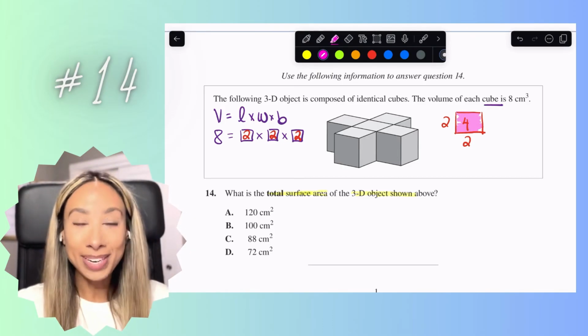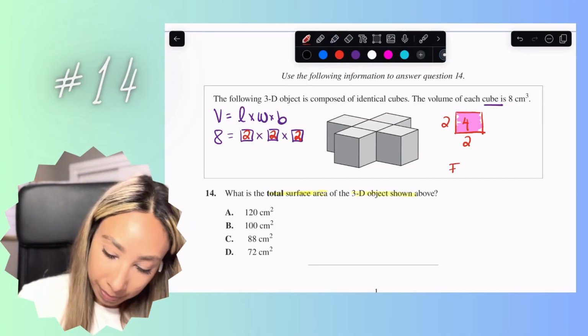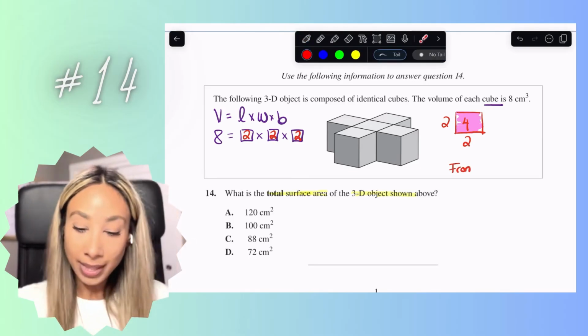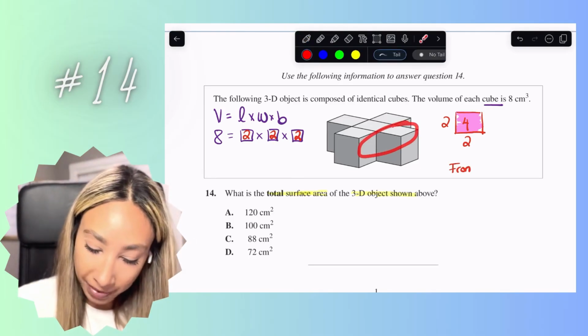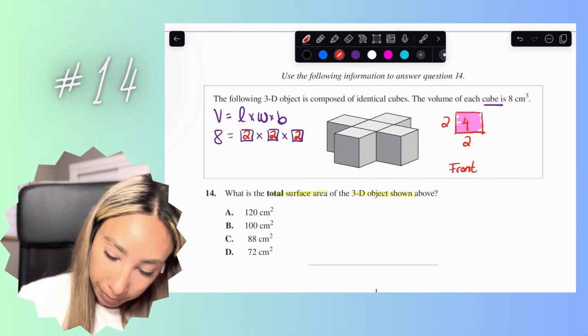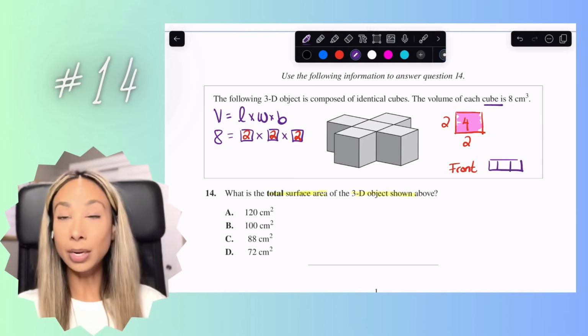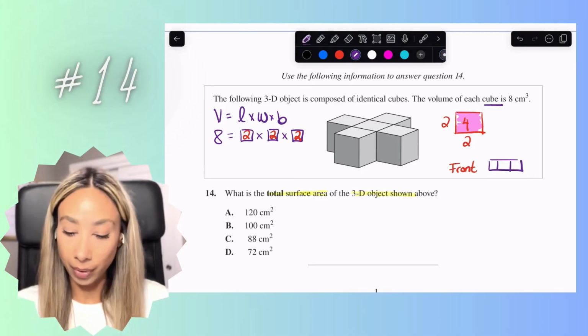So now I have to see how many faces I have. So right off the bat, I know with the front, that would be this portion here kind of facing me, I know I'm gonna have 3 of those. And so you can just imagine visualizing it, looking at it, and you would see 3 in a row there.